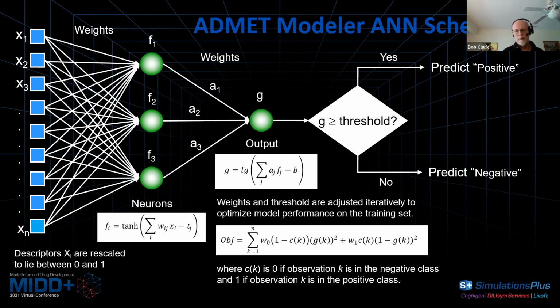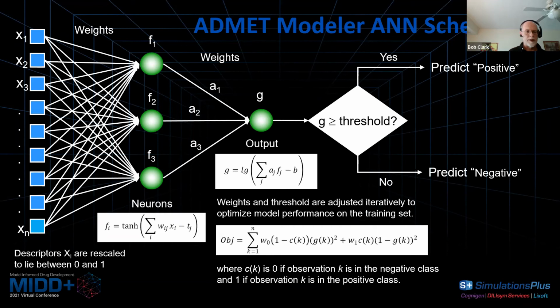An arctangent function is used to merge the inputs from each of the input neurons for each intermediate neuron. And then a logistic function is used to merge the inputs from the hidden neurons to the output neuron.